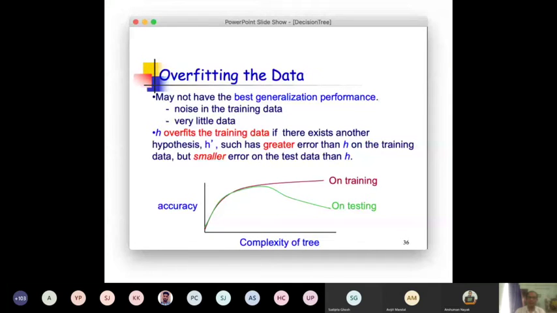Your training error keeps getting reduced as you increase the complexity, because you are trying to fit as many examples as possible by increasing the depth of the tree. Finally, when you reach a consistent hypothesis, your training error can be set to 0. But the testing error gets higher and higher in those situations, because of the overfitting of the data that is taking place.